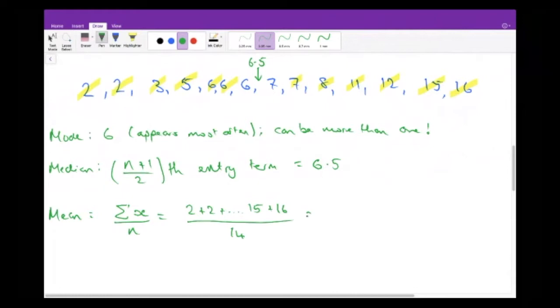So the answer we get for that is, let's just do it in my head, 7, 12, 18, 24, 30, 44, 52, 63, 75, 90, 106, divided by 14. So I make that 7.57.